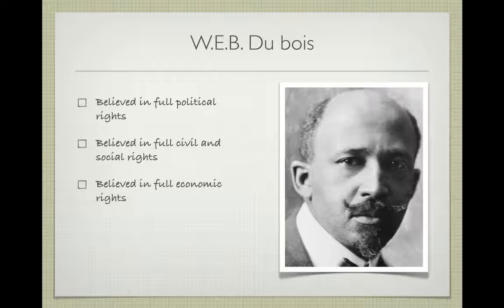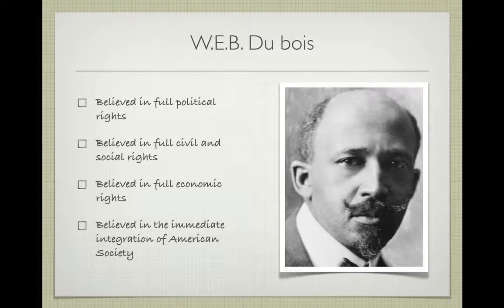Now, you don't have to put a different circle or a question for one of these. You can just say believed in full political, civil, social, and economic rights. But he truly believed in equality now. He wanted immediate integration of American society. African Americans didn't need to prove anything. They're citizens, and they deserved equal rights.